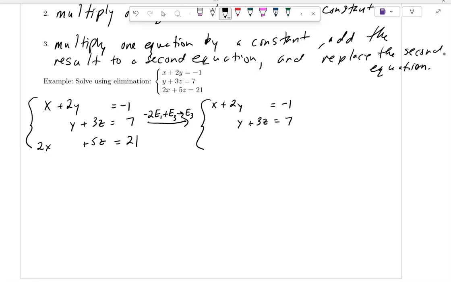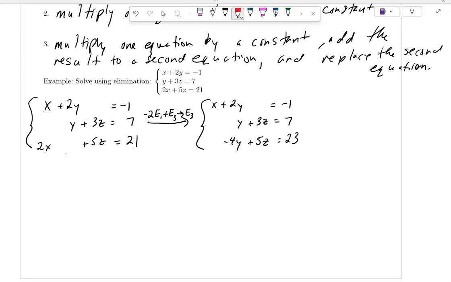Negative 2 times 2y is negative 4y plus 0 is negative 4y. Negative 2 times 0 is 0 plus 5z is 5z. Negative 2 times negative 1 is positive 2 plus 21 is 23.